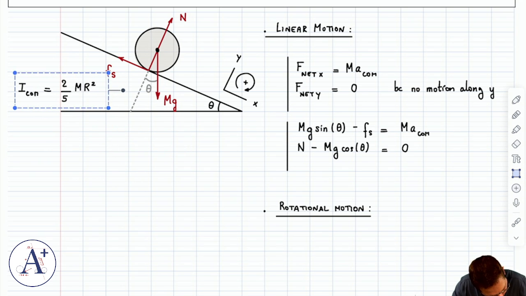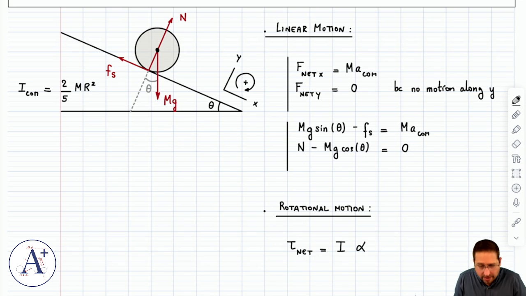Okay, so I'm going to put that over here just as a reminder. All right, then rotational motion is going to be torque net is equal to I alpha.